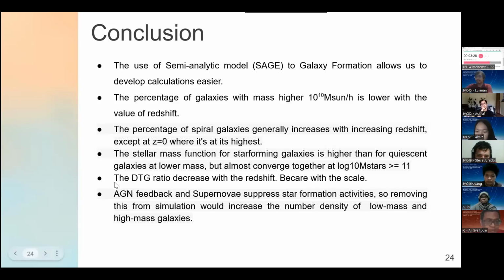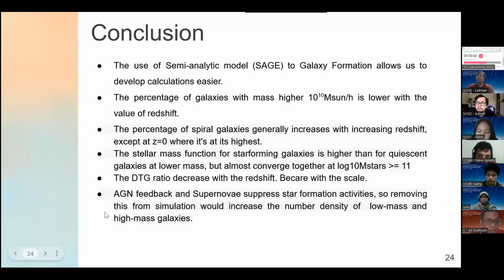So for the first exercise, with the mass, it seems to concur with what we knew. If we have a higher value of redshift, it does seem that the percentage of galaxies with higher mass than this value gets lower.